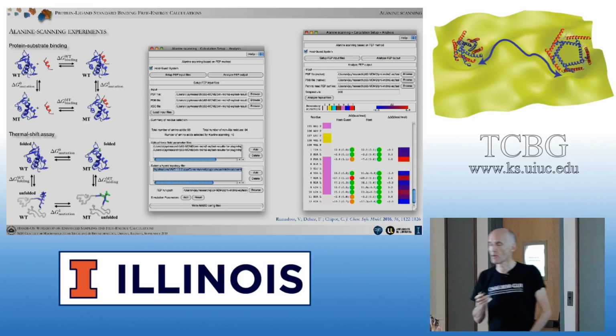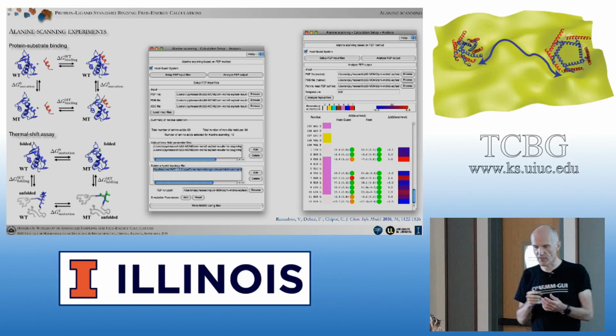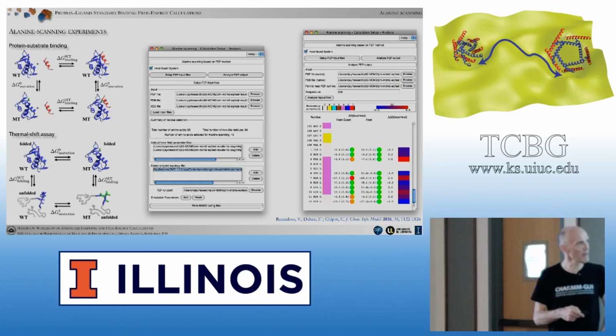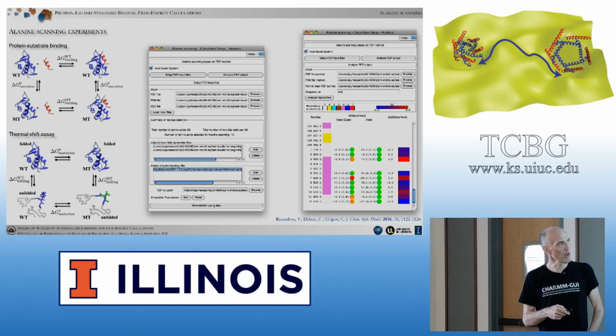Now, what the experimentalists wanted to have is a tool that also helps them interpret or assess the quality of the calculations very easily. So as you can see here, the way we present the results, we have the sequence of amino acids.